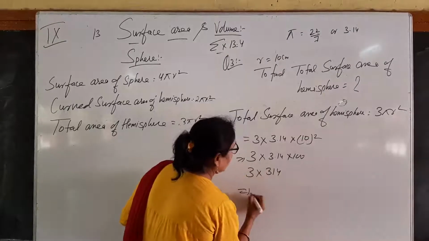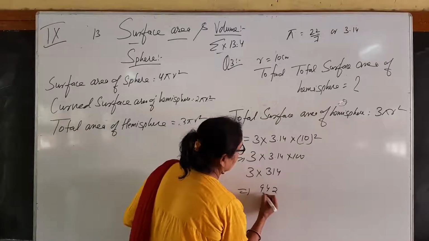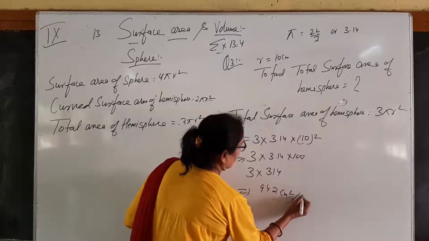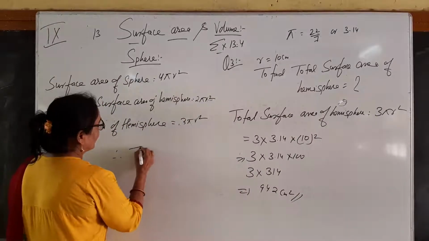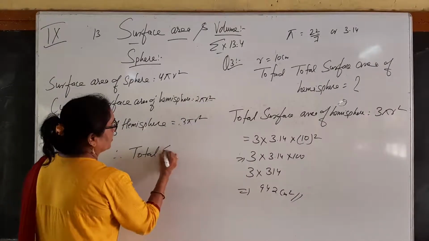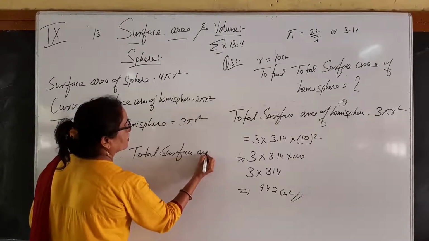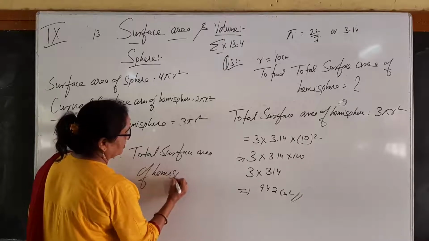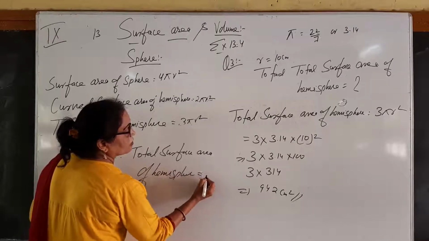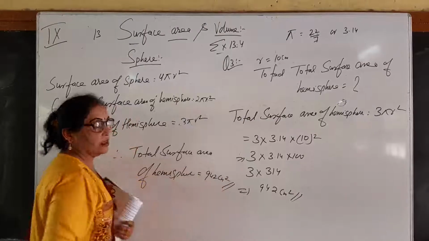If you multiply, here we will get 942 centimeters square. Therefore, total surface area of hemisphere is equal to 942 centimeter square. This is the answer. We'll do one more.